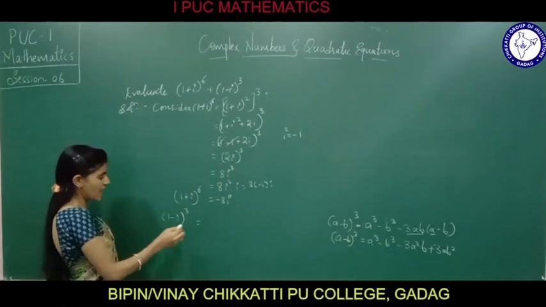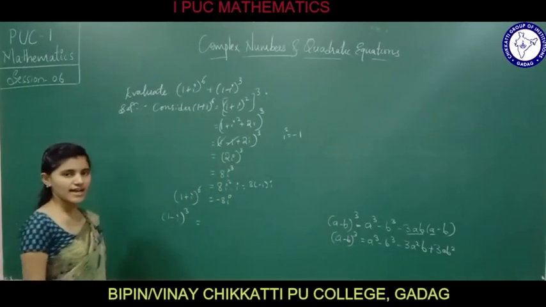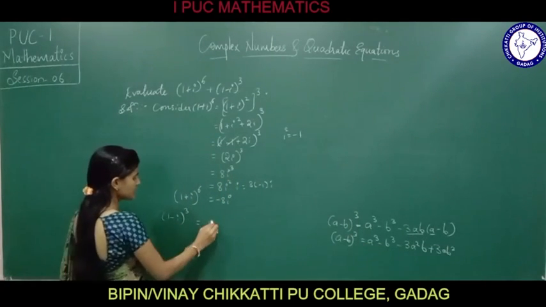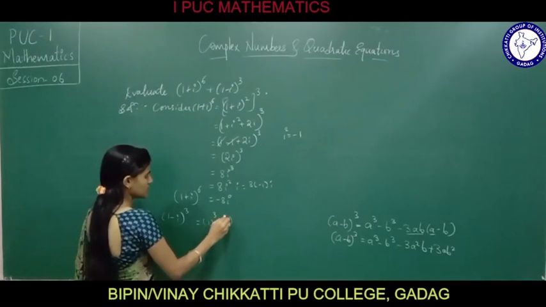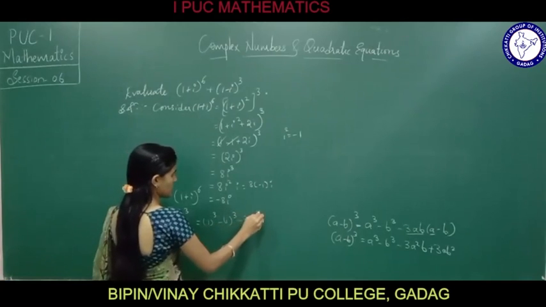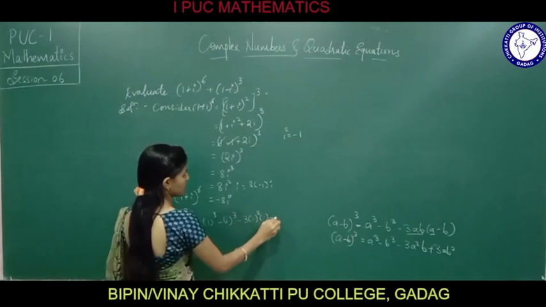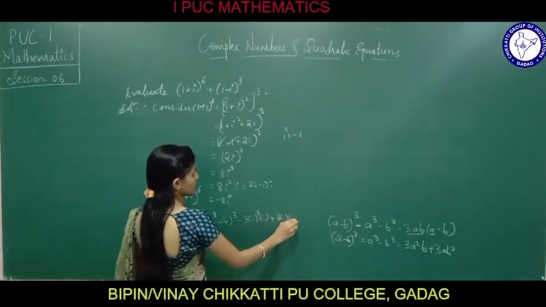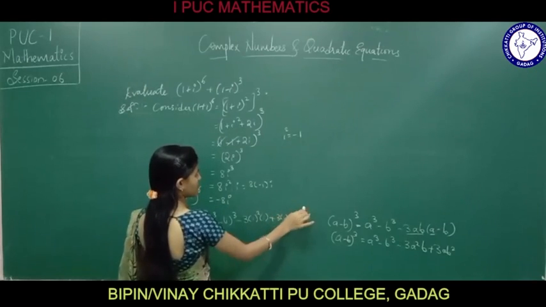In place of a I have 1 and in place of b I have i. That is 1³ − i³ − 3 into 1² into i + 3 into 1 into i².